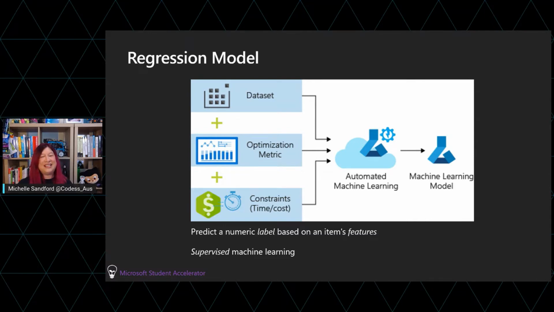Regression is an example of the supervised machine learning technique, in which you train a model using data that includes both features and known values for that label, so that the model learns to fit the feature combinations to the label. After the training has been completed, you can use the trained model to predict labels for new items for which the label is unknown.